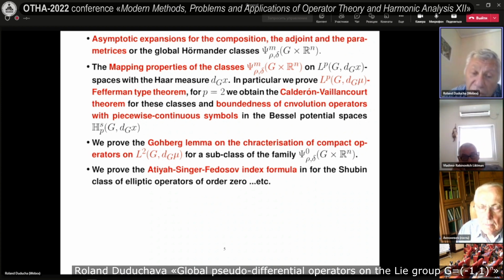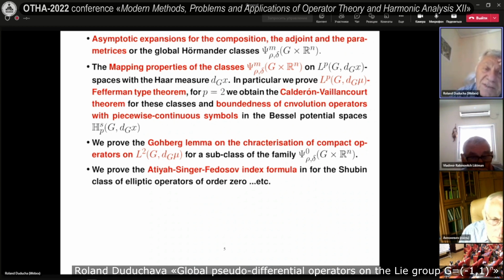We also prove Gohberg's lemma on the compactness of such operators, and in conclusion, I will show you the Atiyah-Singer-Fedosov index formula for these operators, for Shubin's classes of symbols.